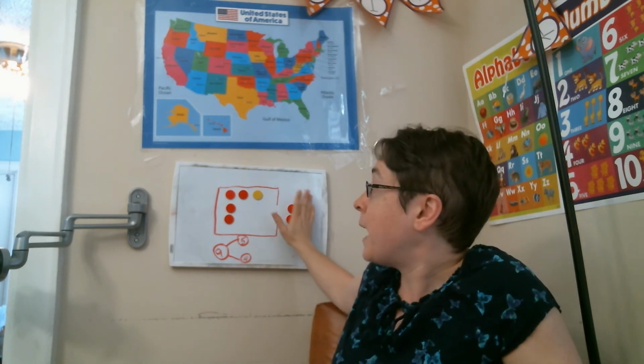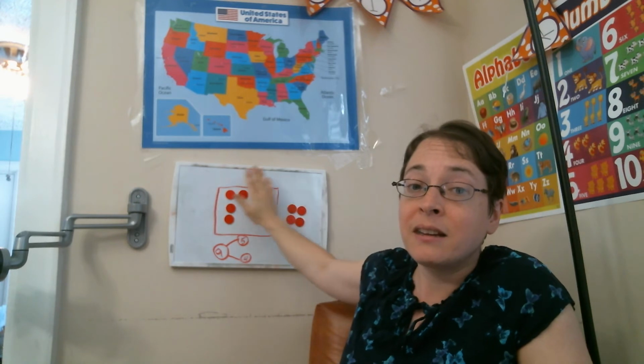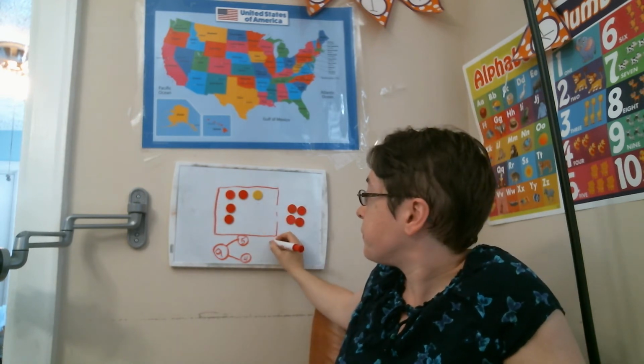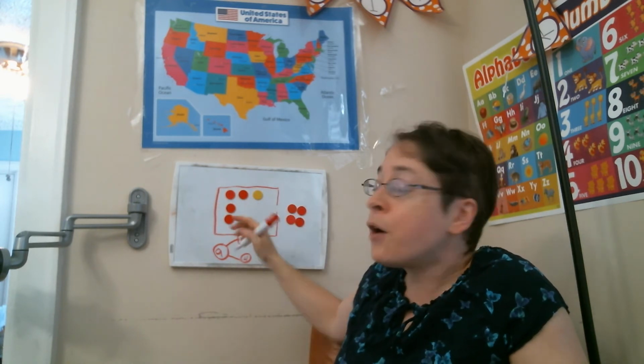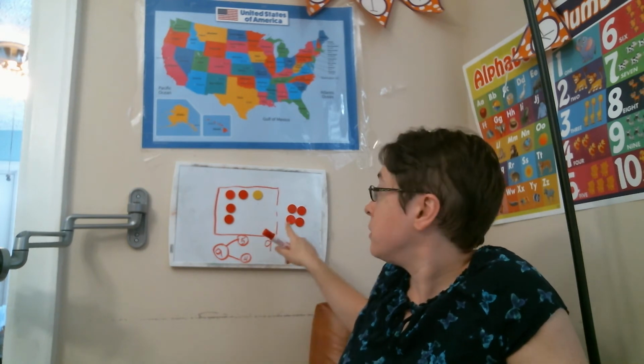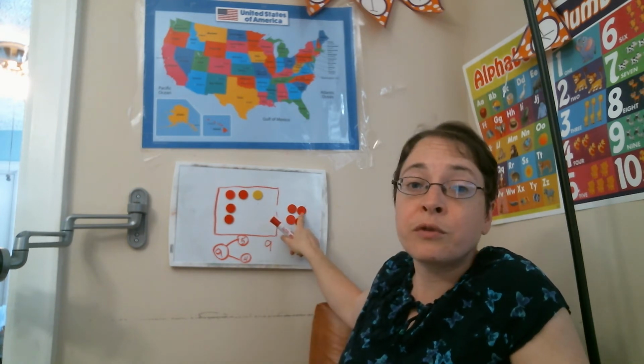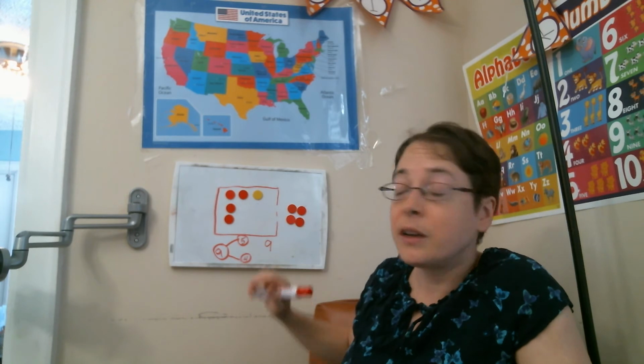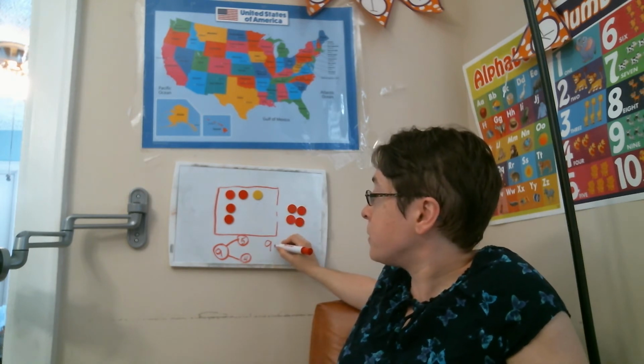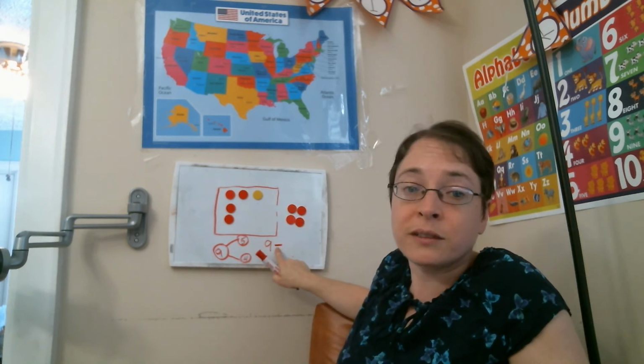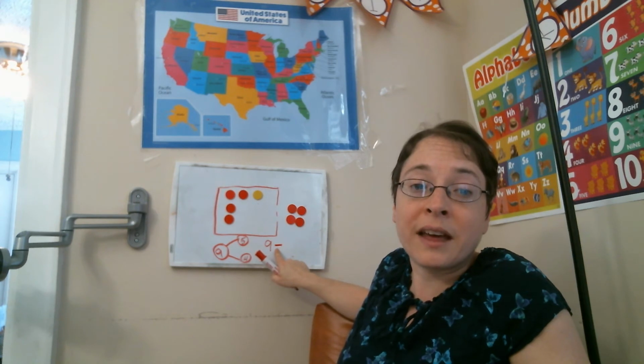If we want to make this a number sentence that tells us subtraction, we had 9 ants. How many left? 1, 2, 3, 4. Now we have a special sign that tells us that they left.